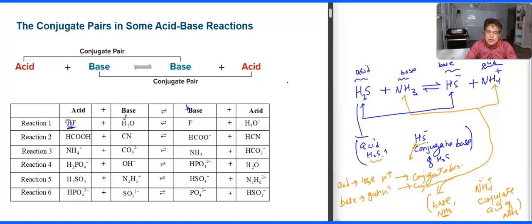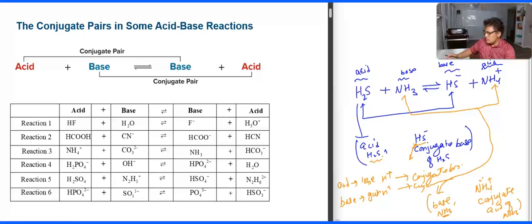Similarly HCOOH: remove one H and you get HCOO minus, the base. Here CN minus is the base, and adding H plus it becomes HCN. HPO4 2 minus: remove H plus, then PO4 3 minus is the base. Add H to SO3 2 minus and HSO3 minus is the acid. In this way we can find the conjugate acid-base pairs of a reaction.